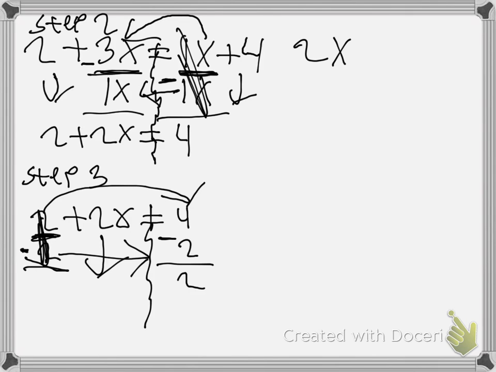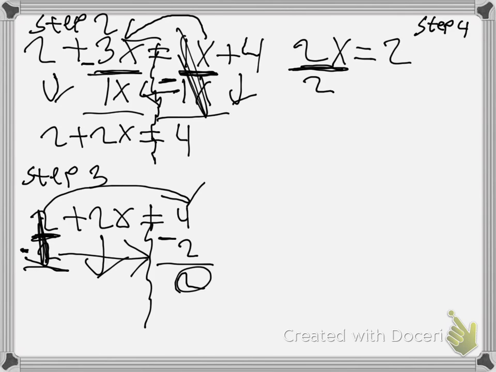What's left? 2x equals, what is it over here? 2. Okay? Step 4 is divide, because we're trying to get the 2 to the other side, but also leave the x alone.